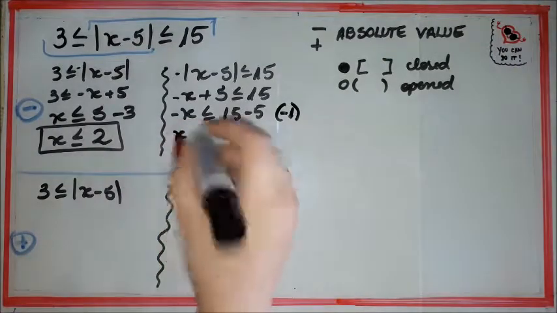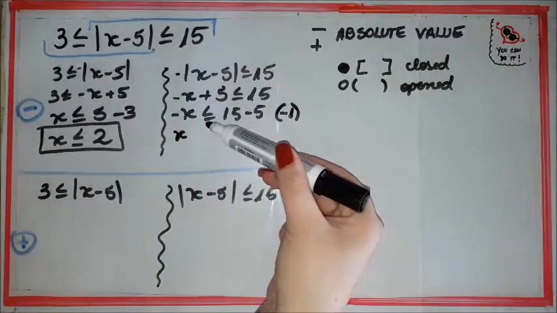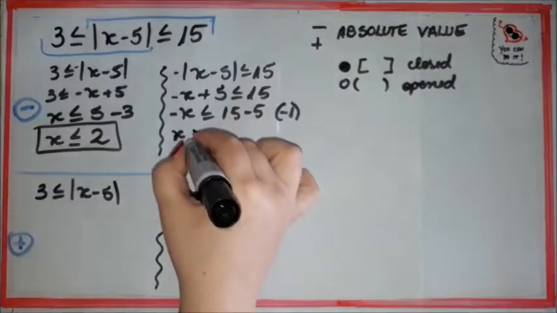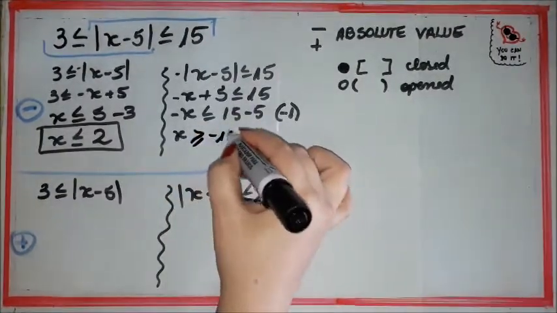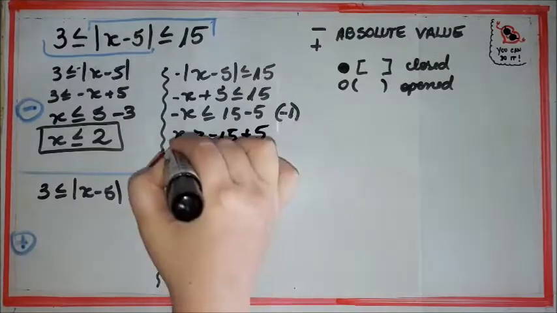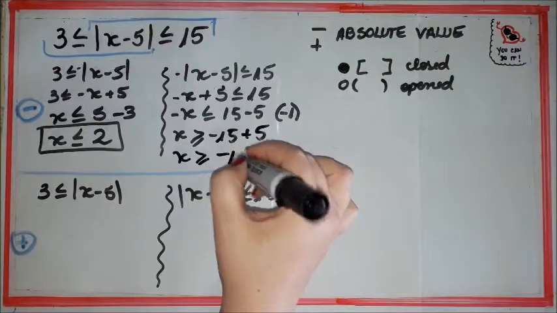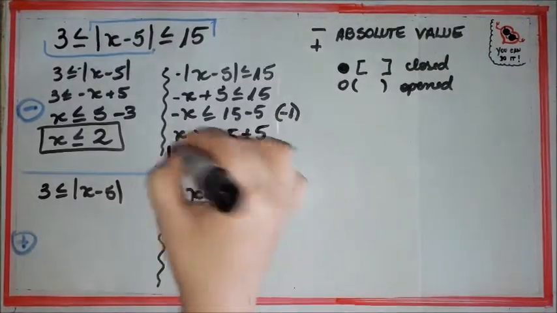So it becomes positive. Don't forget to switch this sign or else you will get it wrong. So x is greater than or equals to negative 10.